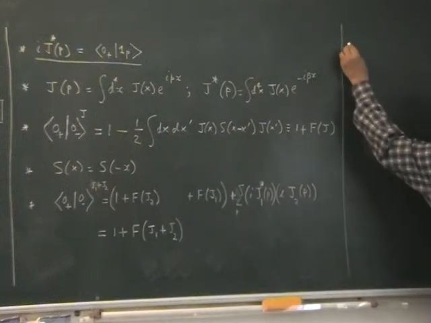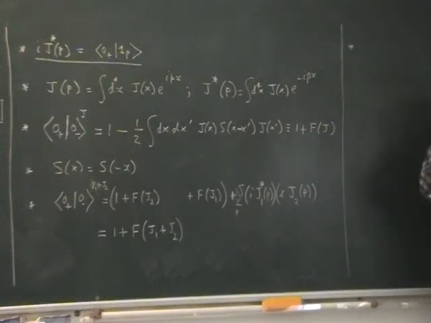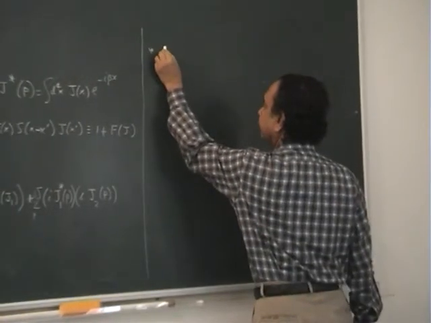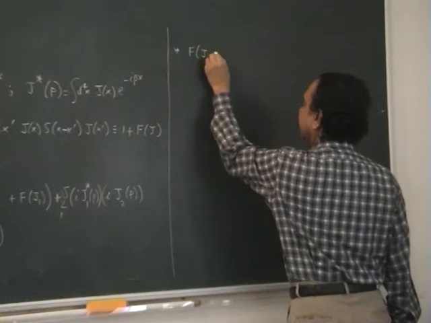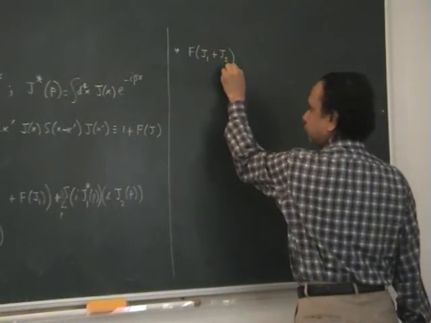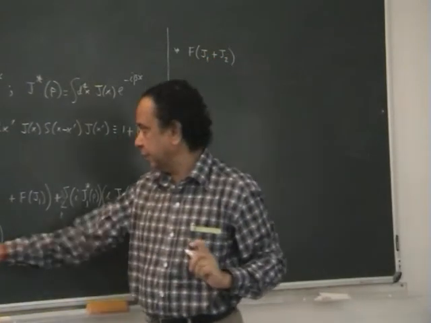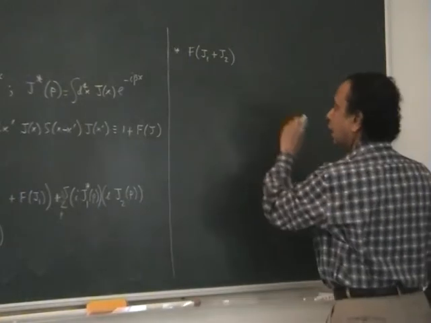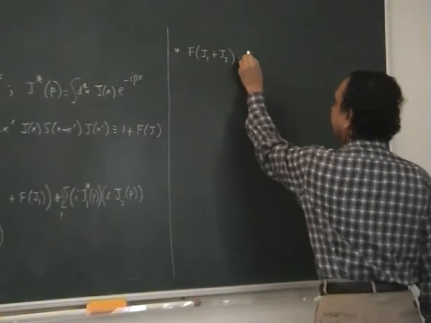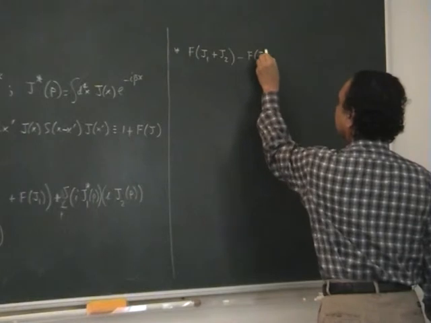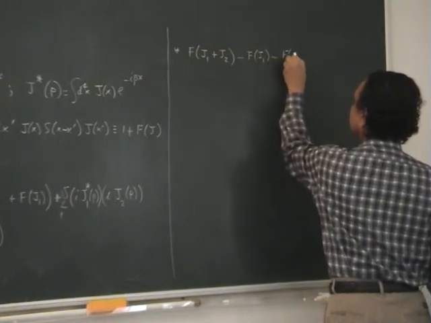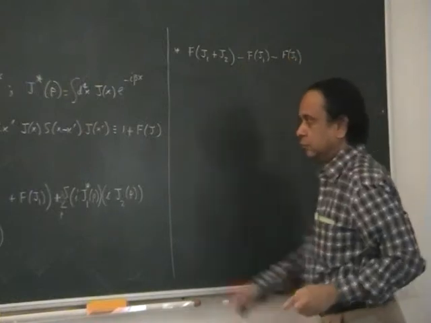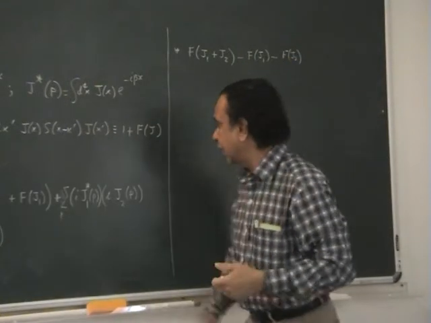It tells you that f of J1 plus J2, which is here, minus f of J1 minus f of J2. So I am taking those two to the side.